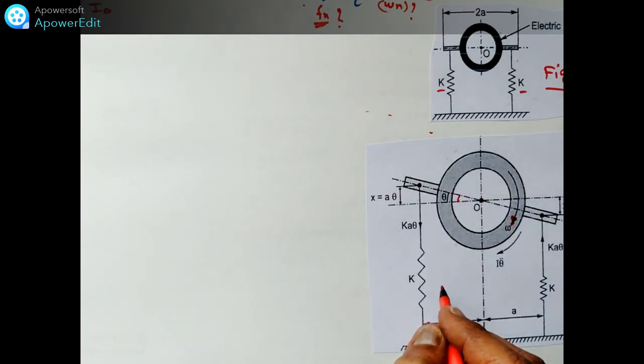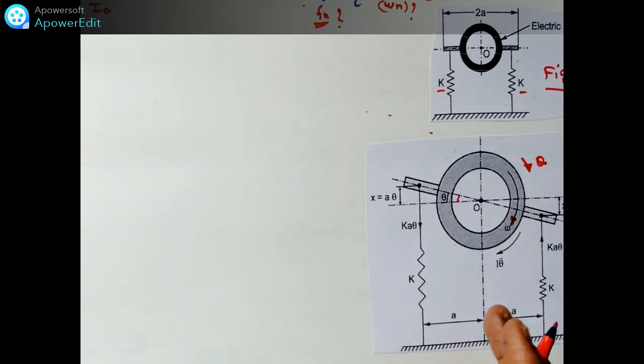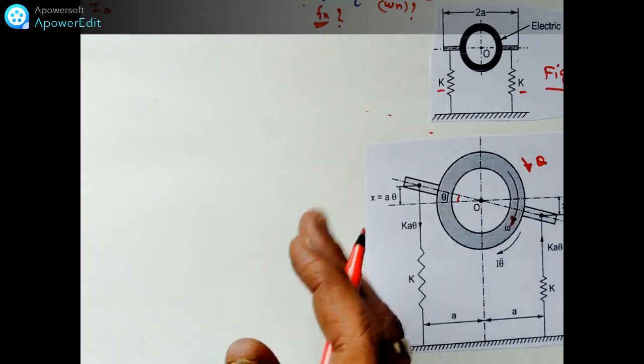So what will happen then? Due to this clockwise turning by theta, it will affect the springs, the left hand springs and right hand springs. This is the right hand side; 2 springs are there, and on the left hand side 2 springs are there.